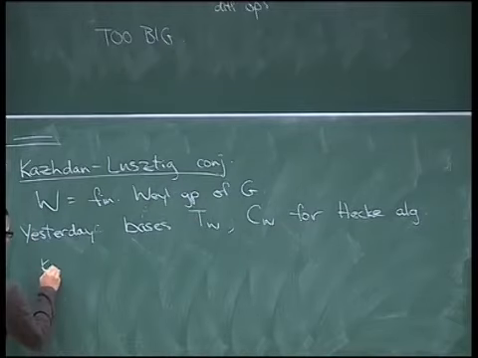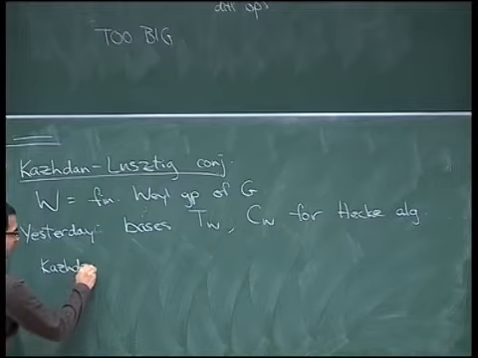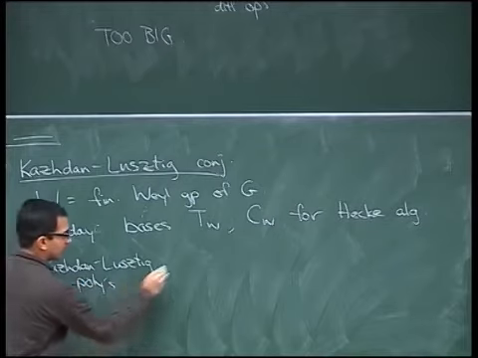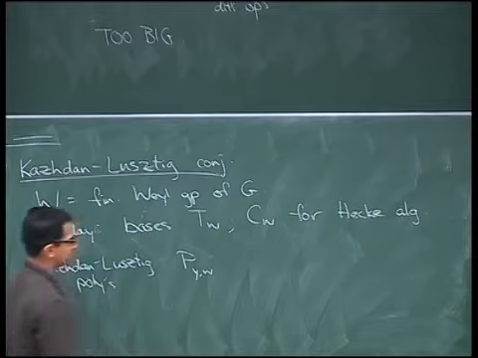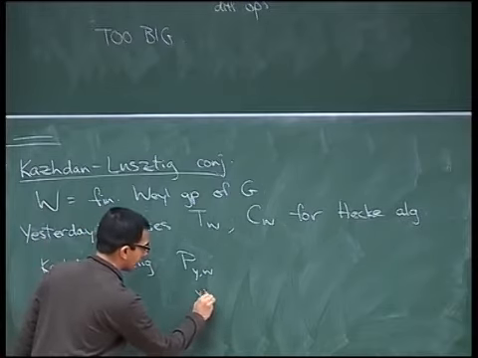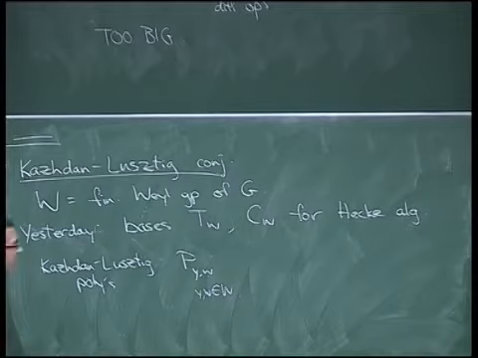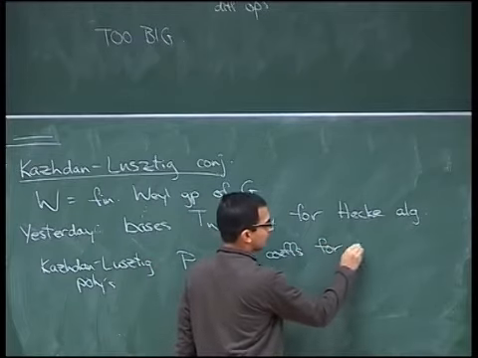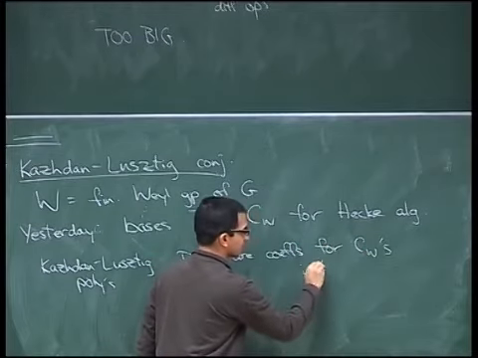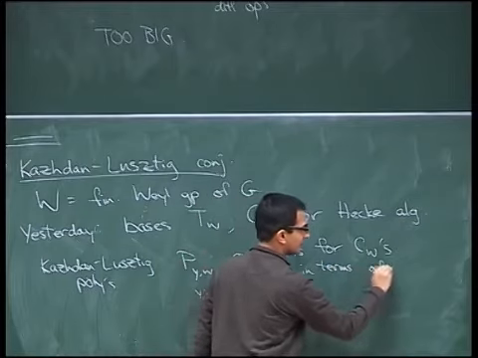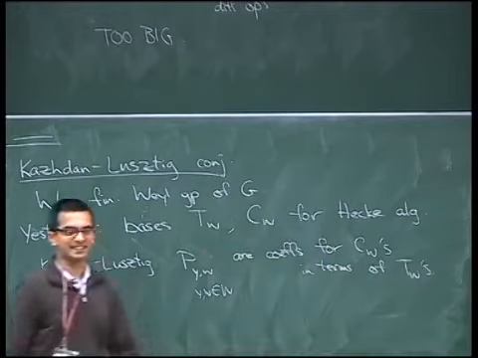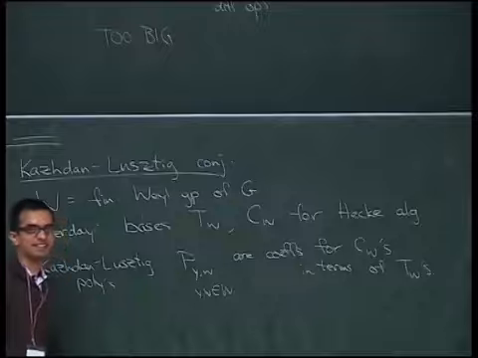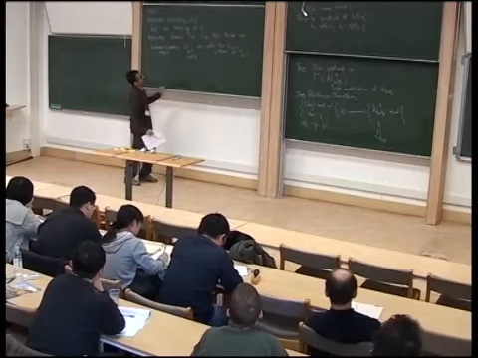And then the Kazhdan-Lusztig polynomials are the coefficients, so these I'll call P_{y,w}. The subscripts y and w are both elements of the Weyl group. And these are the coefficients for the C_w's in terms of the T_w's. This is probably also slightly wrong because there are the C's and the C primes and the T's and the T tildes. So I'm not going to write down any formula, so it's okay if I don't worry about that.